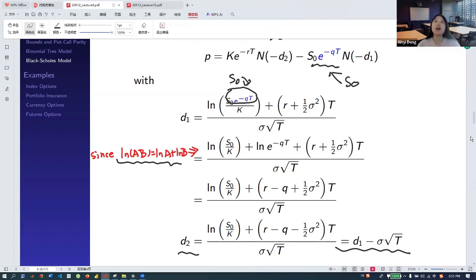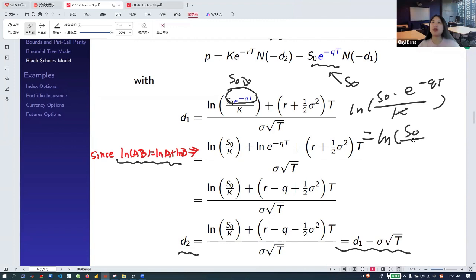Therefore, ln of S0 times e to the power of minus qt divided by K, close bracket, would be equal to ln S0 divided by K, plus ln e to the power of minus qt, close bracket. So that's just ln S0 divided by K, close bracket, and then minus q.